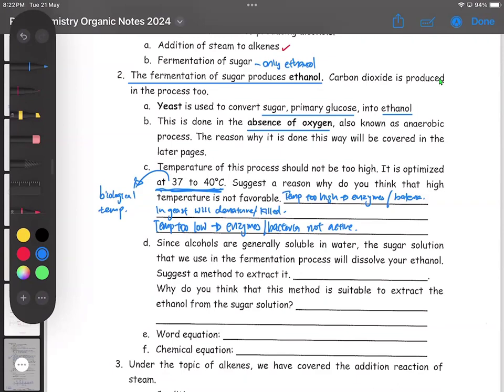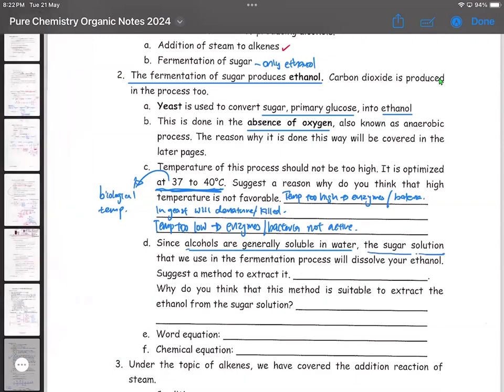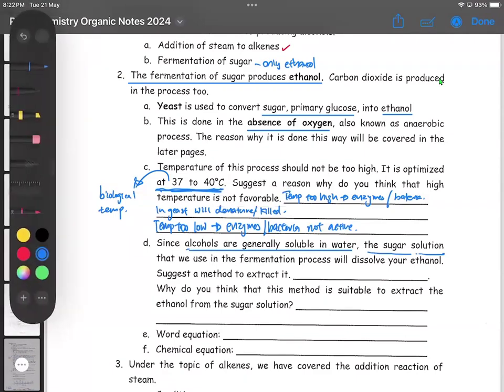No question is square D. And they are generally soluble in water. And then your sugar solution is also soluble in water. Because sugar solution contains water, it will dissolve your ethanol. When you have water over here, your ethanol will dissolve.